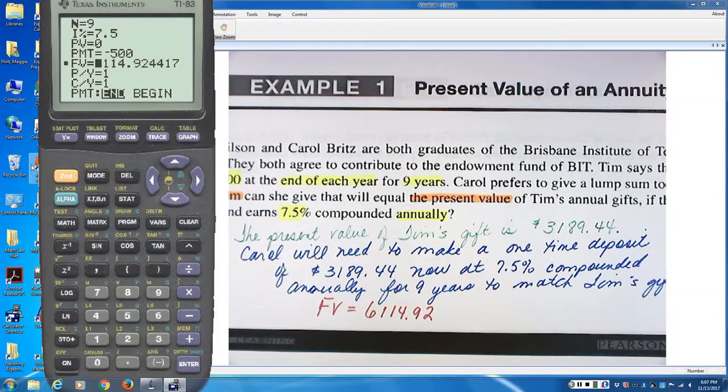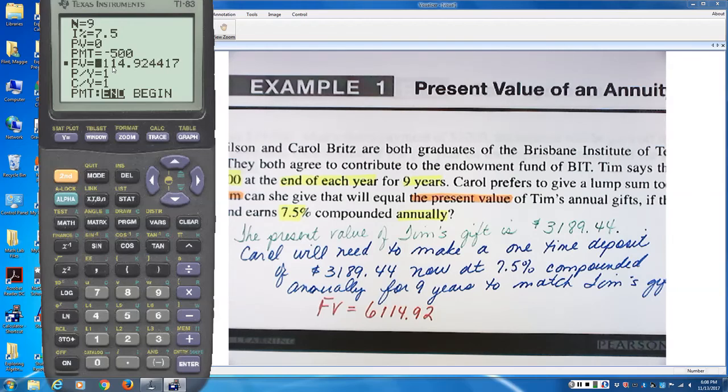And it does. So the only difference between the two gifts is he's contributing $500 a year for 9 years, but that's $4,500. So yeah, that's what doesn't make sense. I mean, how is it equal if she's doing $3,189 and he's paying $4,500?